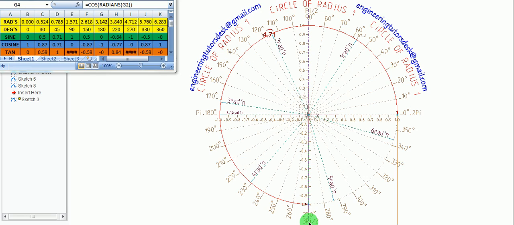Let us cross 270 degrees and locate 330 degrees.